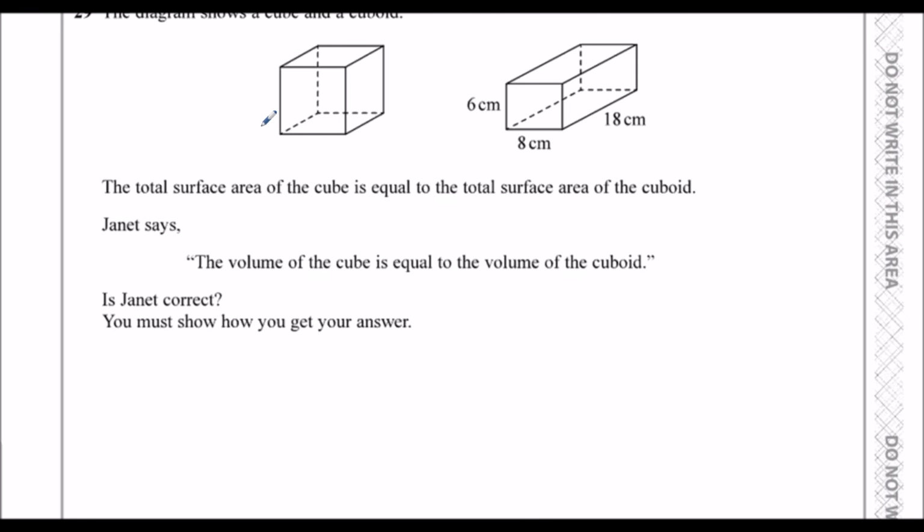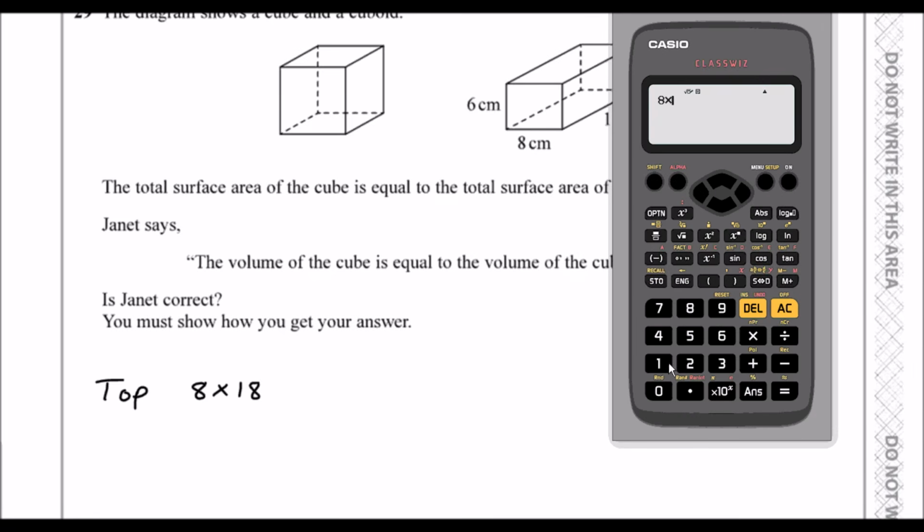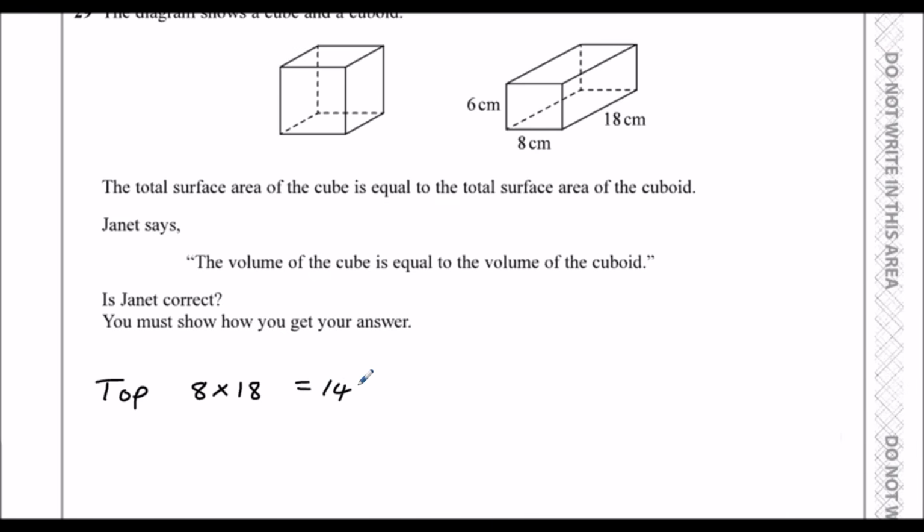So the first step is the surface area of the cuboid. So we need to add up the area of every surface. So the top is 8 times 18, which is 144 centimeters squared.